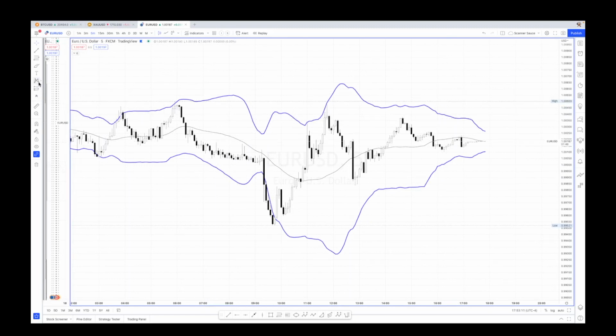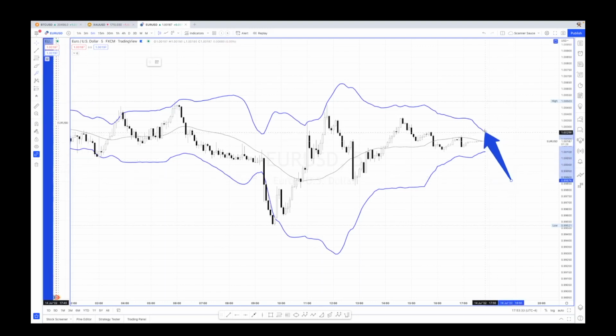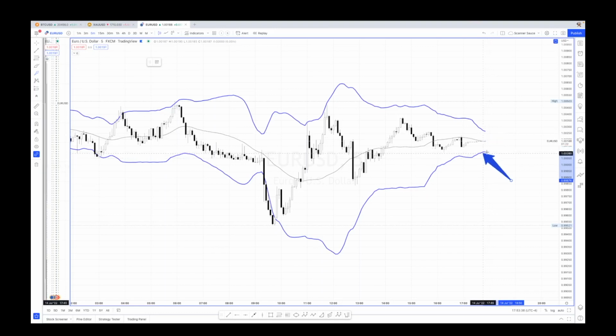Hold on, let me make this a little bit more simple for you guys. Okay, so you have the upper band, which is this right here, and then you have the lower band, which is that, right? So the way this works is whenever the market gets within the upper band or within the lower band, something happens.